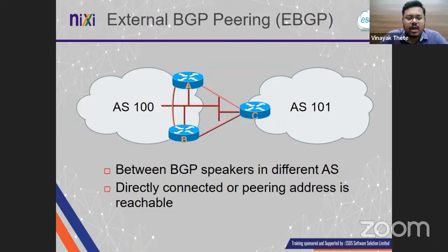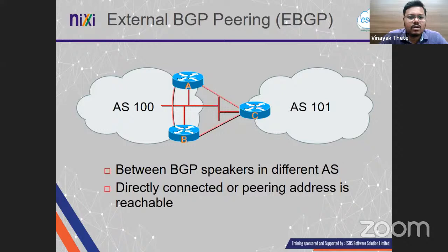So where were we? We were talking about the TTL value. In eBGP, the TTL value is 1 by default, and using multihop we can extend it, but most ISPs do not allow multihop.